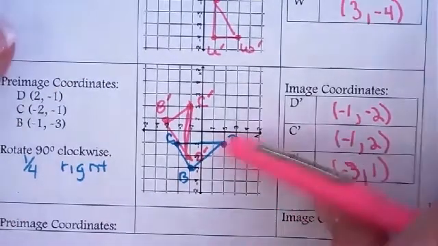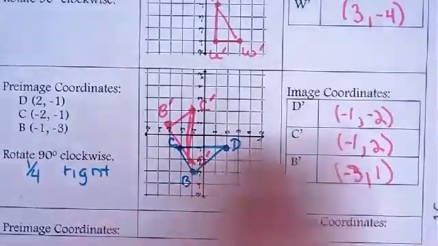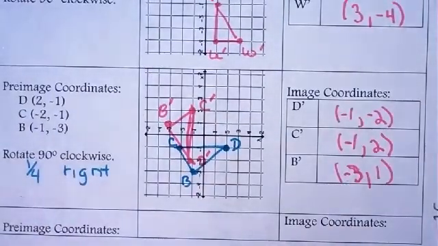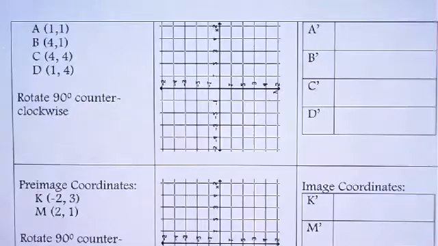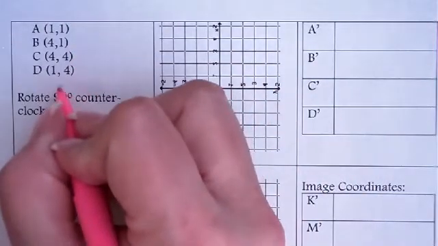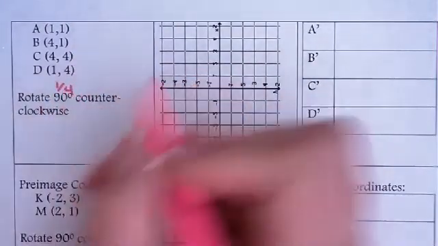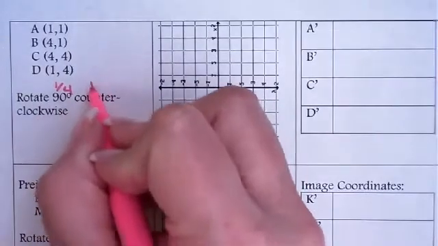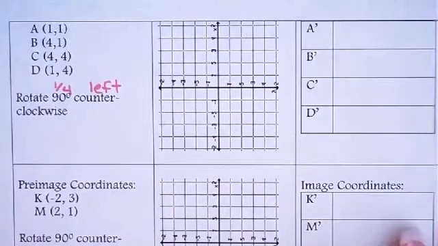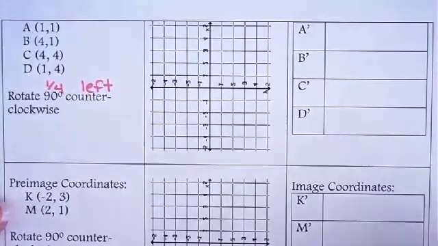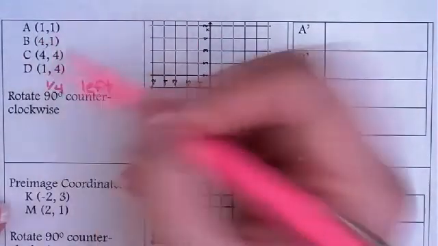Okay. Now, the next 2 examples we're going to do are similar to this, but different. Because if I look at example 3, right here, I'm going to go 90 degrees, which is 1/4 of a turn, but counterclockwise means I'm going to the left. This time I have a quadrilateral, so let's graph this.